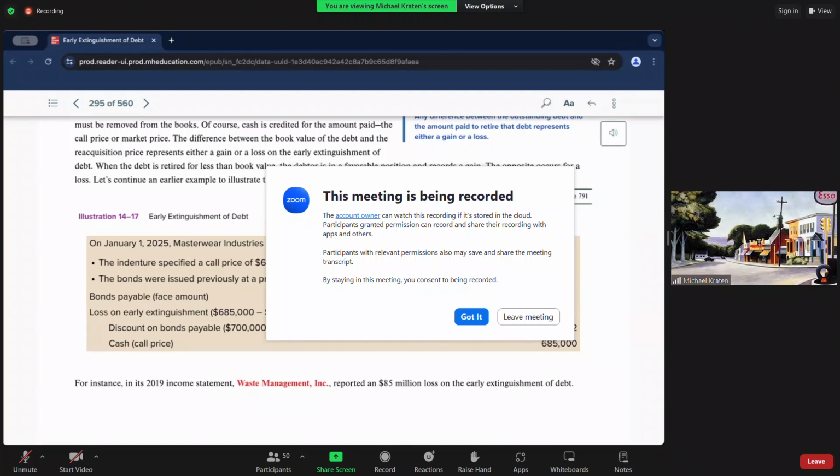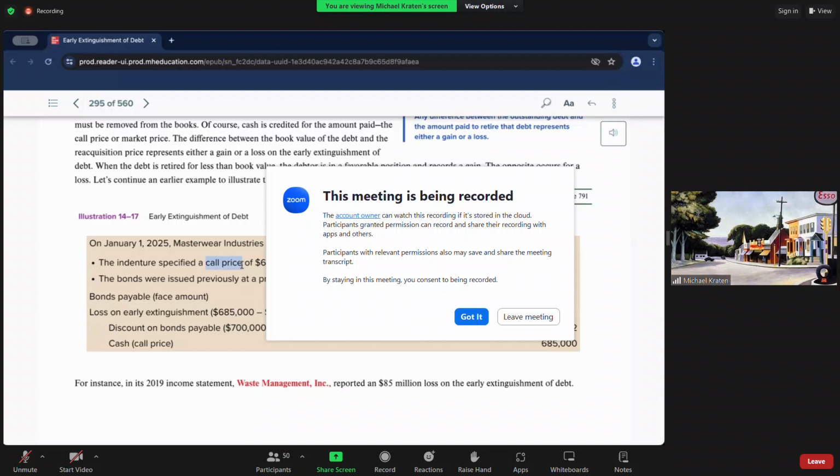In terms of what you need to know for the quiz, early extinguishment basically means that the debt has a feature that allows for the borrower to pay off the loan early.